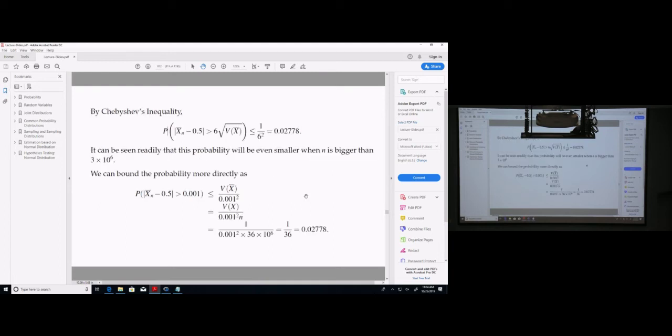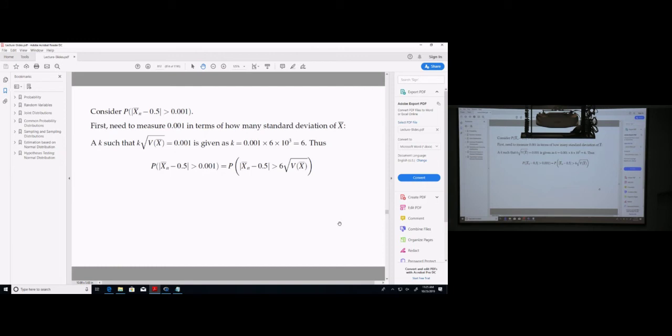When you work it out, I think this is a good exercise, and it is very easy to do. So the answer is only about 3% of the time that you deviate from half, the one that you are targeting, by 0.001, all right? So you have fairly accurate calculations.